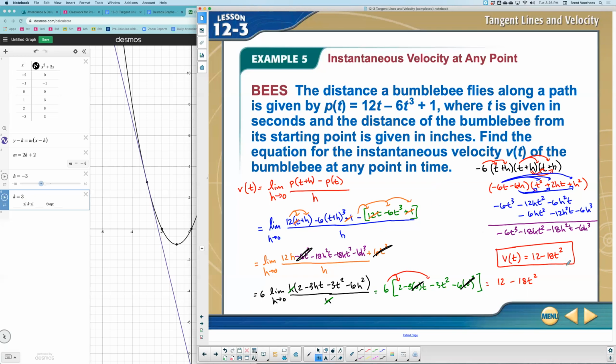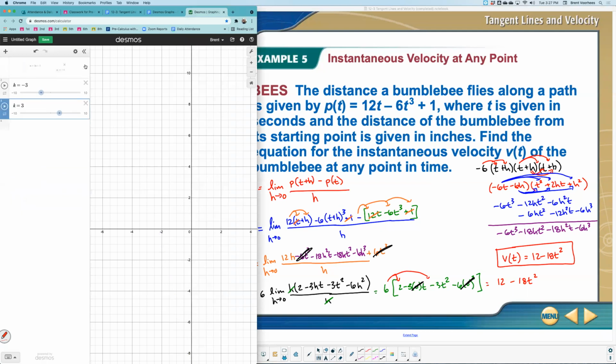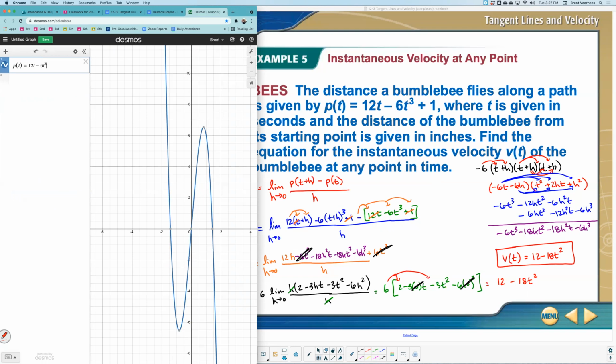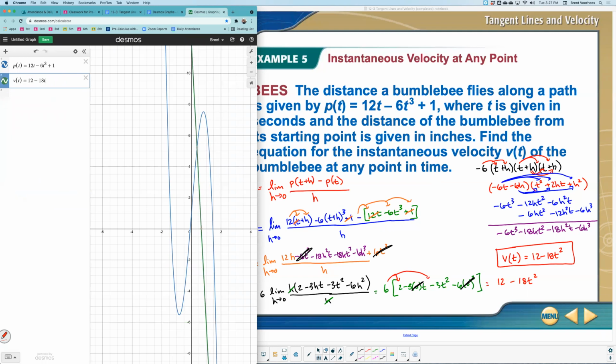And so again, if you wanted to relate this to the graph, like what does that do for me? Let me graph the first function here, p of t equals 12t minus 6t cubed plus 1. And we're saying the velocity function is 12 minus 18t squared.